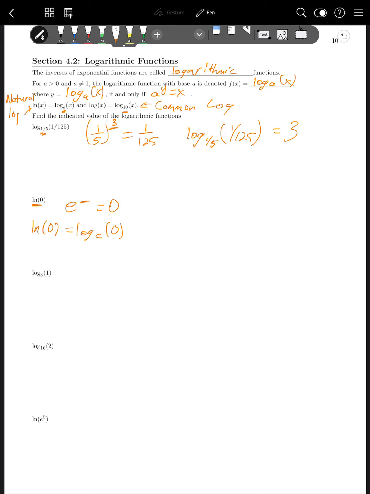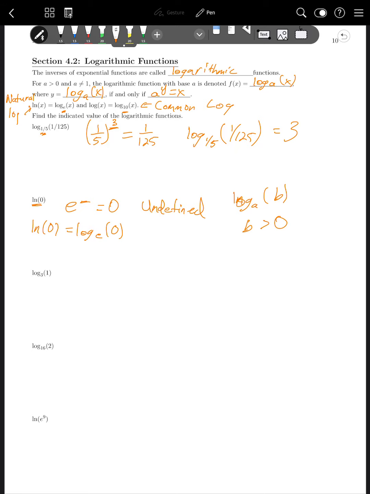So this is undefined. In fact, when we're dealing with logarithms, the number inside the logarithm, so if I did log base a of b, b has to be greater than 0. So we can only plug positive numbers into logarithms.